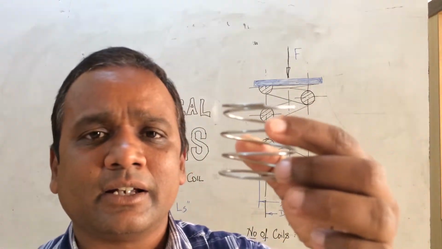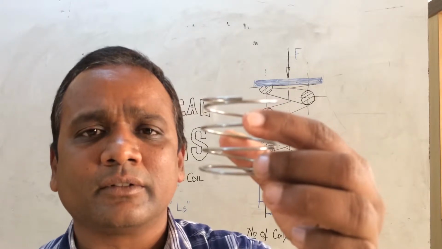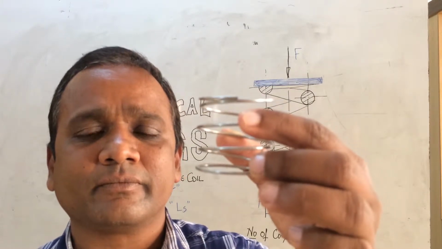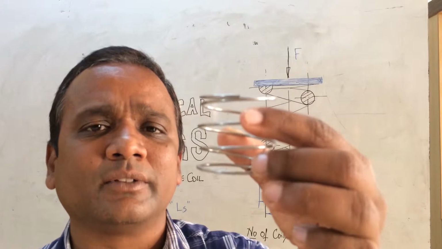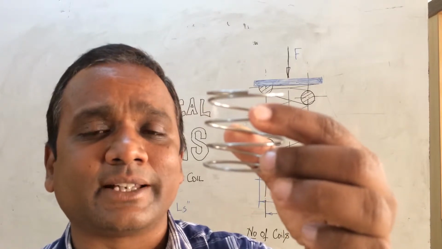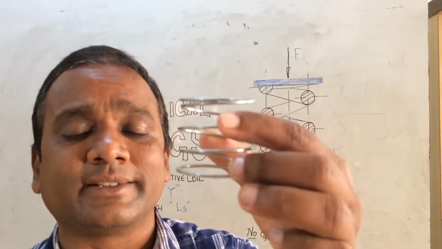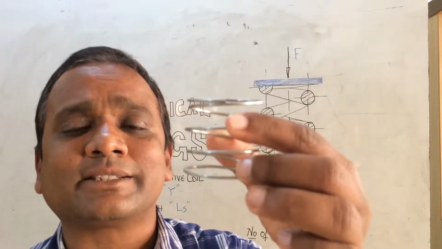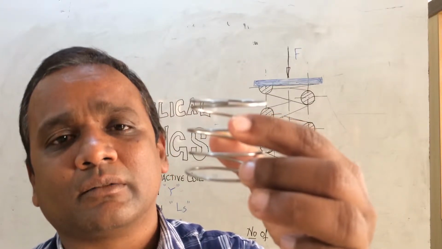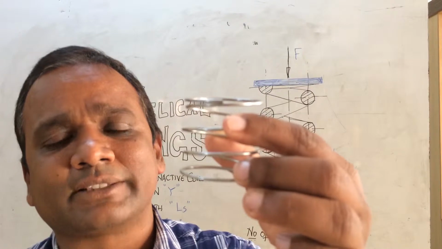Let me say that active coils are the ones which take the deformation, and inactive coils are the ones which don't take any deformation, that is, they are not involved in the design, but in fact act as a supporting member on either side.